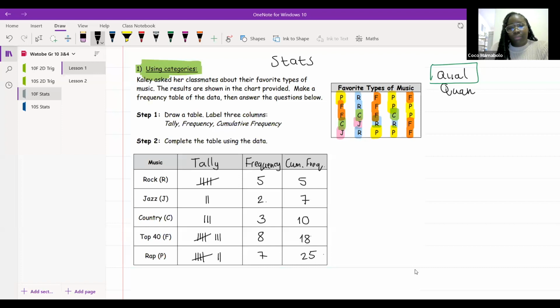Okay, now I get it. We just take the one before and we add it to keep going down. Does that make sense? Okay, good, excellent.